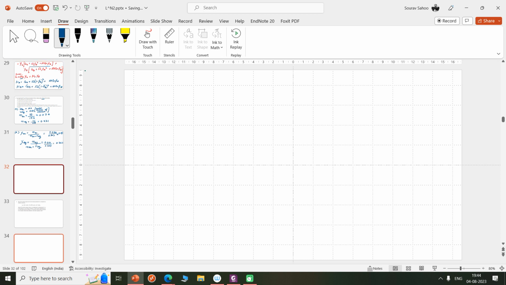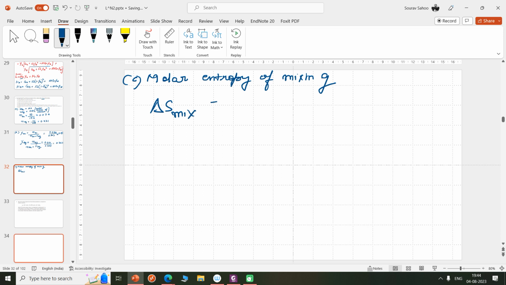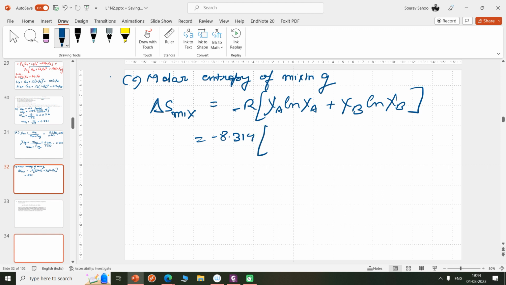So by the formula, you know that molar entropy of mixing, delta S mix, is given by minus R times phi A log phi A plus phi B log phi B. And if you just plug in the values, minus 8.314 times 0.248 log 0.248 plus 0.752 log 0.752.